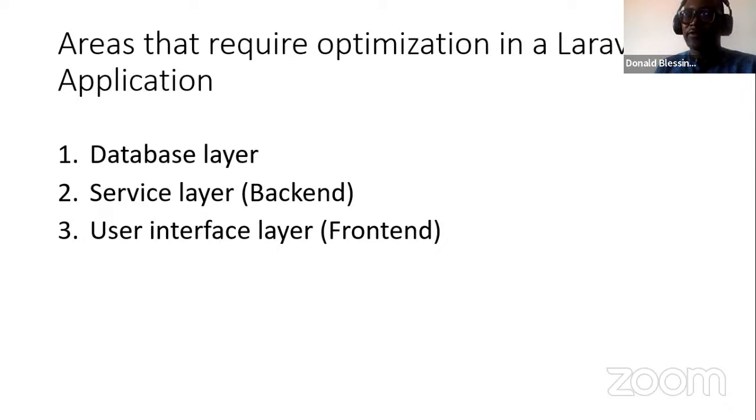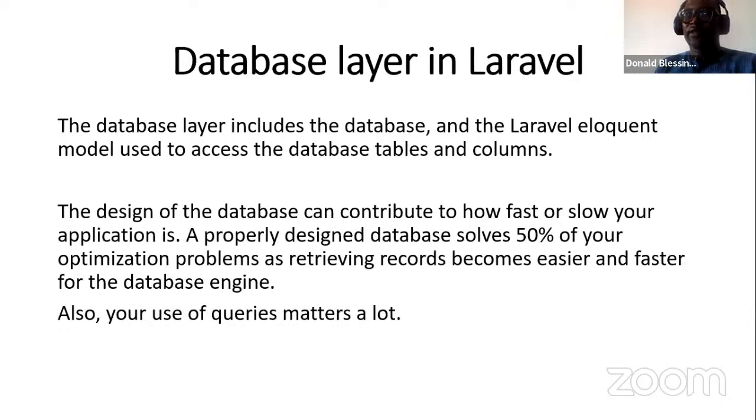And then you have the user interface, which is what people see first when they visit your website. They see your images, they see your texts and the way they are laid out. They enjoy the beauty. The responsiveness is a problem, and the retrieval of data is also a problem. That's where your user interface comes in.